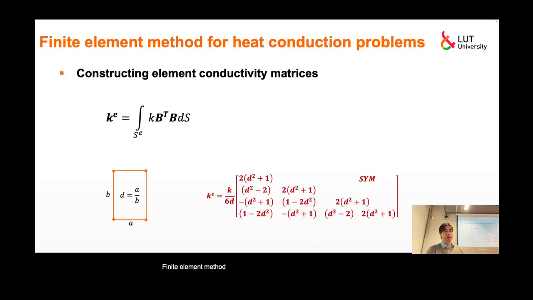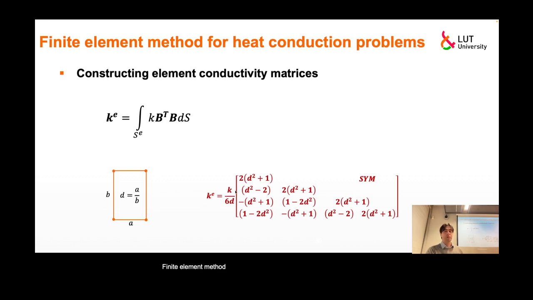In my example that I want us to do together today, we will be using rectangular elements of this type. And this D represents the aspect ratio of our elements, A and B being the dimensions of the element. Then we can actually calculate this integral. This already includes the transition to global coordinates, the Jacobian of transformation from local to global coordinates.